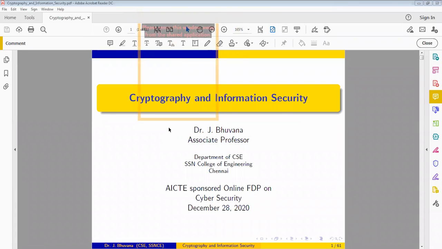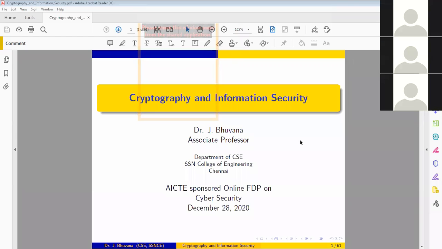So my talk for today's session is going to be cryptography and information security. As sir introduced, I'm Buna from SSN College of Engineering. I am very much interested in cryptography and information security, and have been handling this kind of course for several years now. And so this is going to be my agenda.